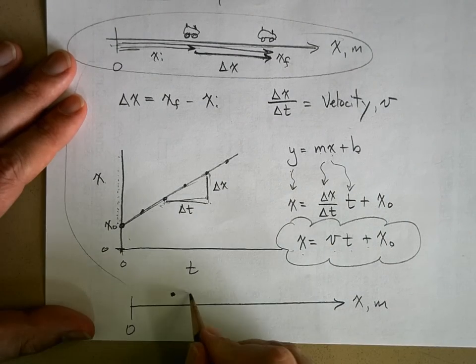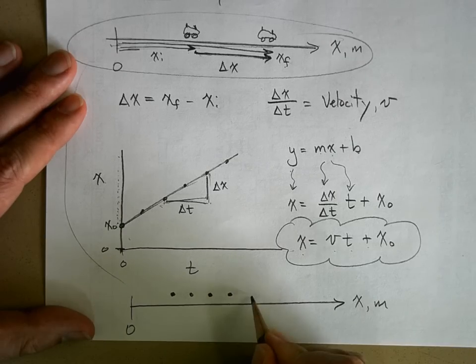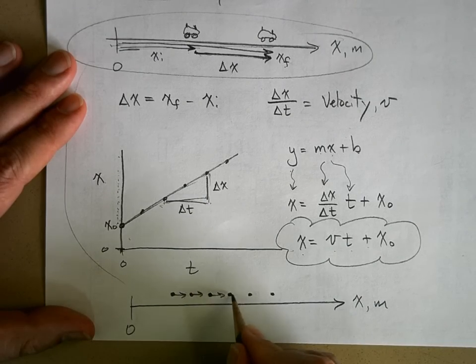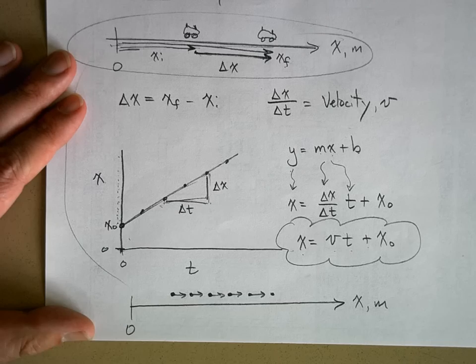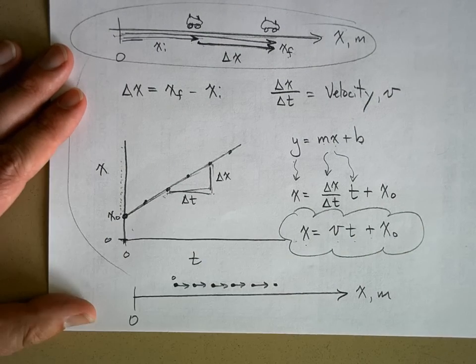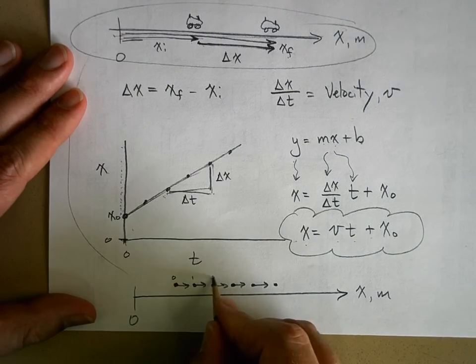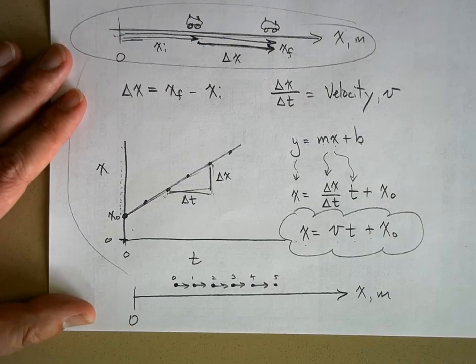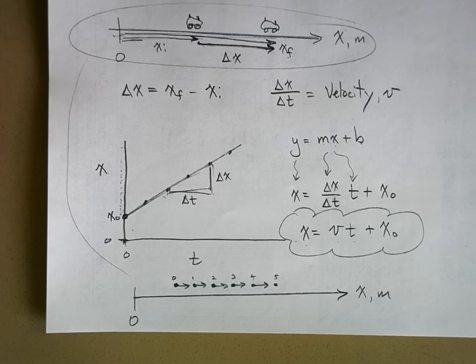And then every second, I would draw a dot that showed where the object was. And with constant velocity motion, these dots are all the same distance apart. And these little arrows, so this is at time t0, then 1 second, 2 seconds, 3 seconds, 4 seconds, and 5 seconds. And then maybe we don't know what's happening after that. That's enough.